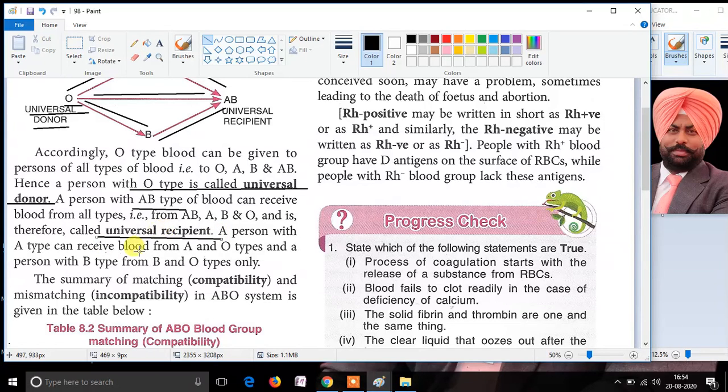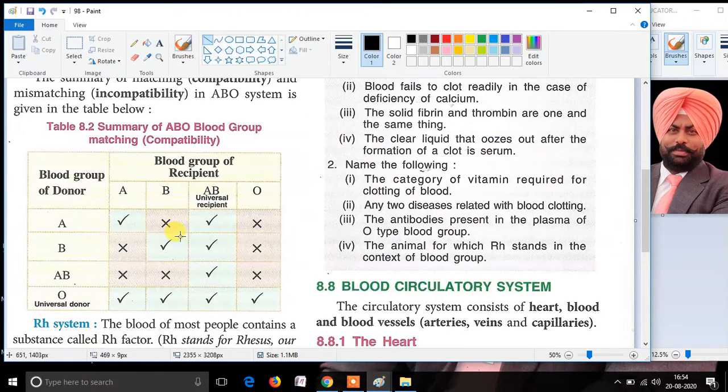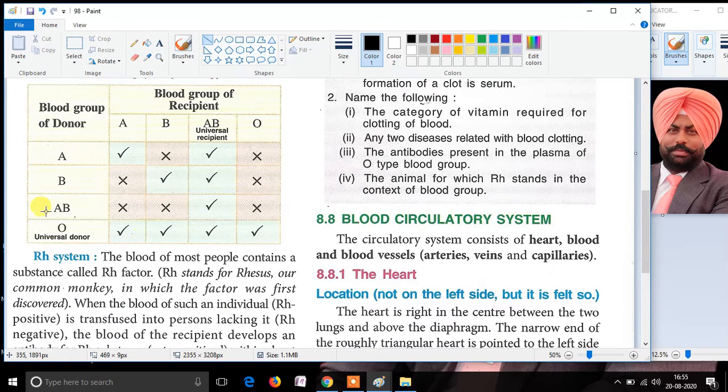Hence, a person having blood group AB is called a universal recipient. Here, it is given in the form of a table also, showing which blood group can be donated to a person of which blood group.